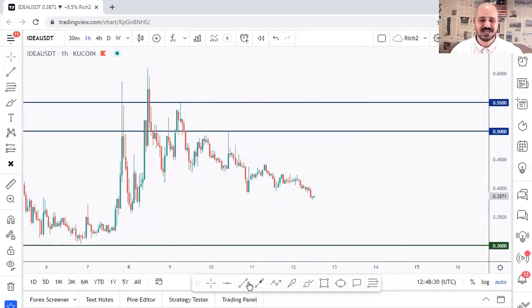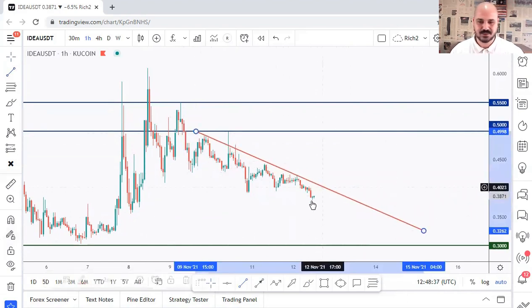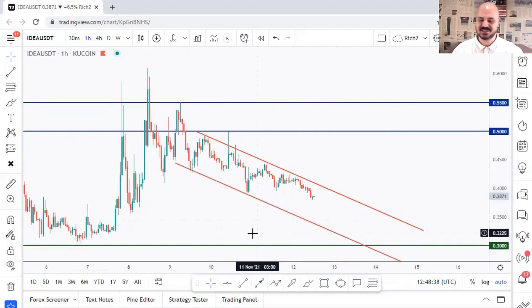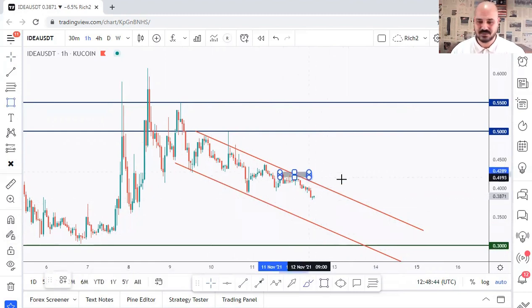So we are bearish, and we can also, for example, draw a channel, which I also posted a couple of days ago. So we are now inside this channel, overall bearish, and for the buyers to take over again, we'll need to see a break above the previous high, which is now around this area.